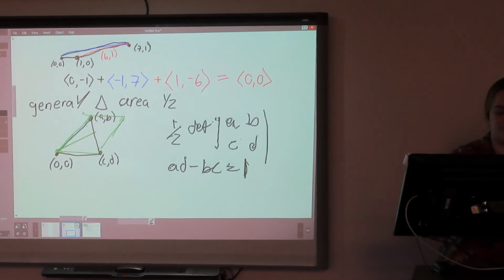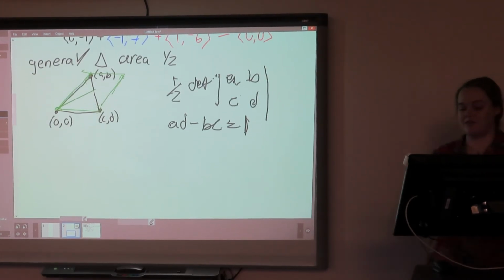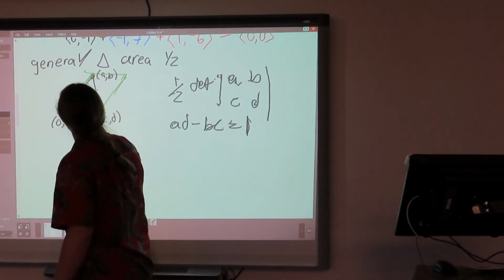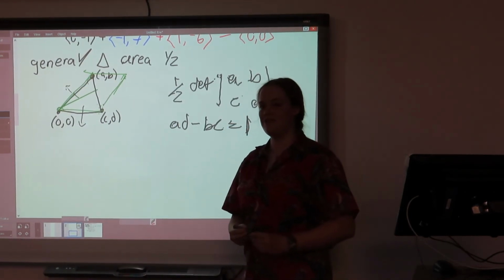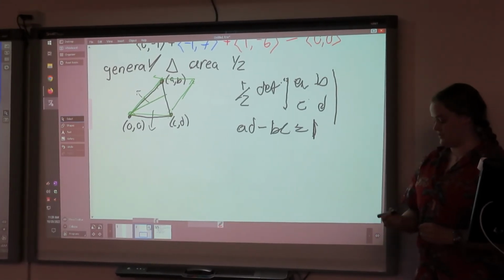Now we have to find the primitive vectors to check to make sure that this is balanced. Again, two of them are a little easier than the other two. The ones going this way and this way are going to be a little bit easier because one of our vertices is 0, 0.